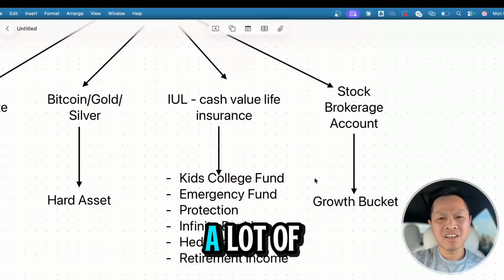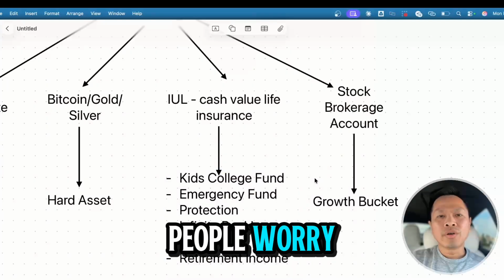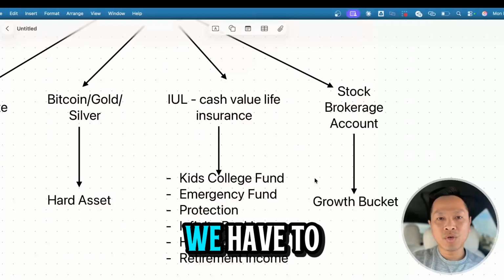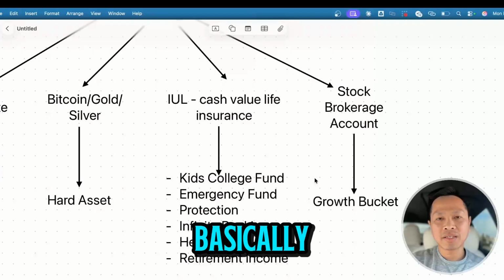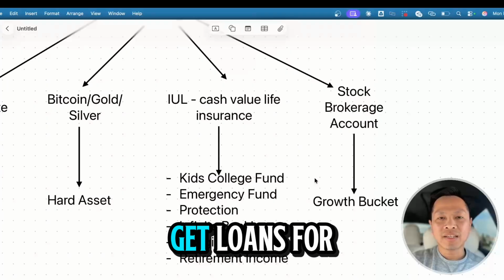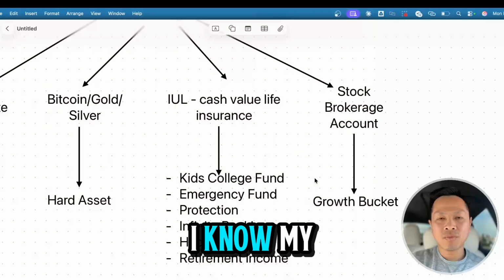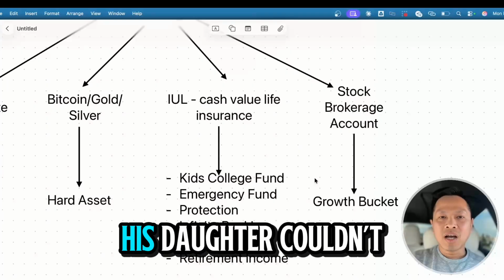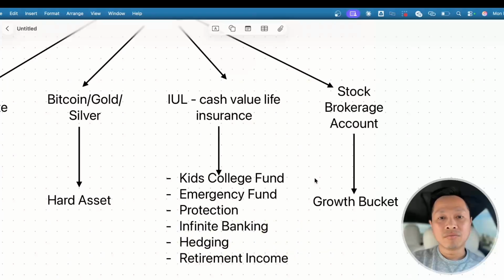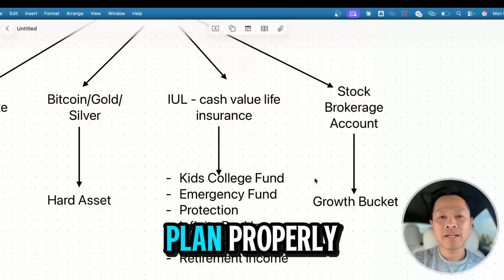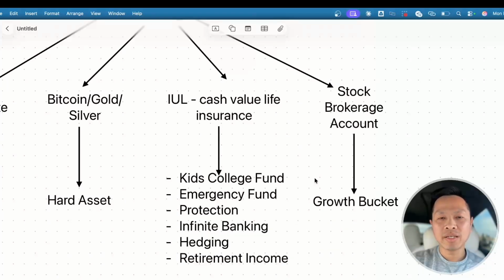A lot of people worry, we are like the middle class, we have to pay for our kids' college. Basically, you can't really get loans for them. I know my brother-in-law, his daughter couldn't get any loan, and I have 4 kids, so I have to plan properly. So my IUL will be used to fund my kids' college.